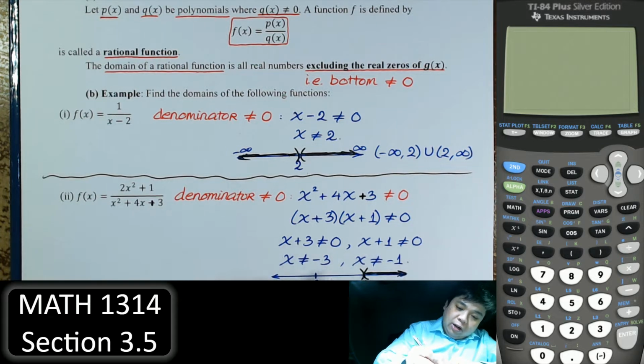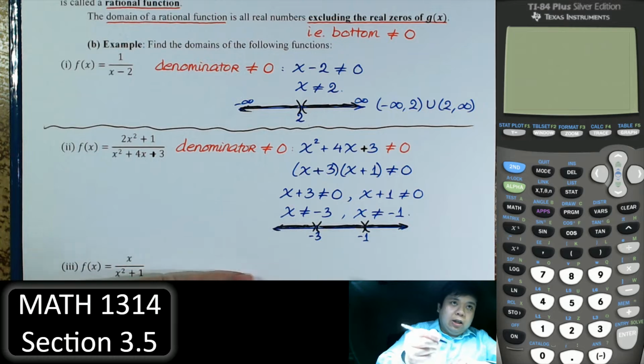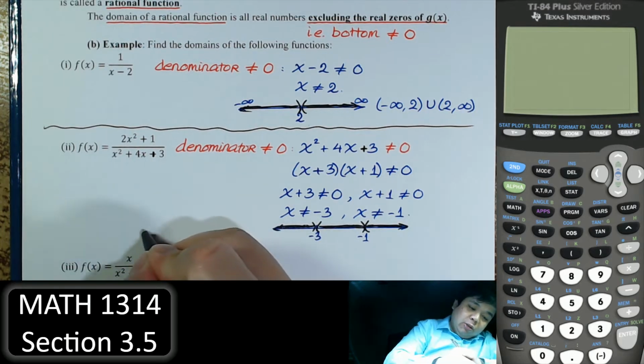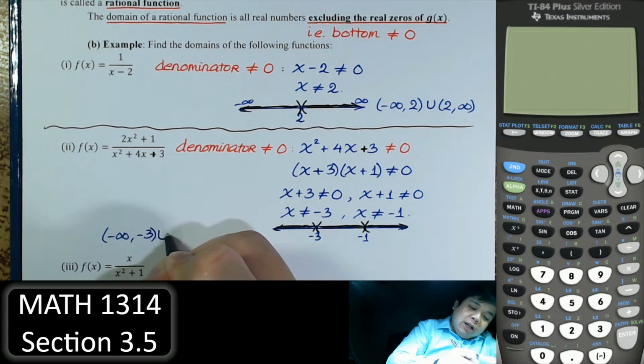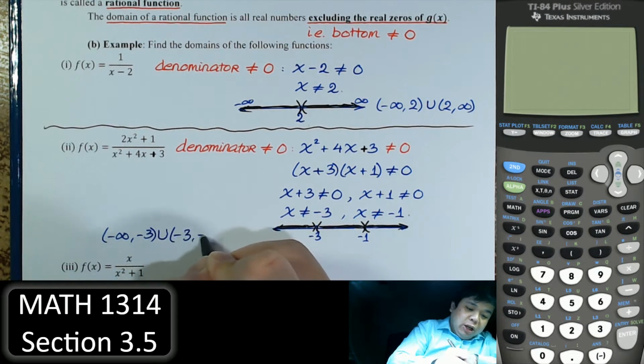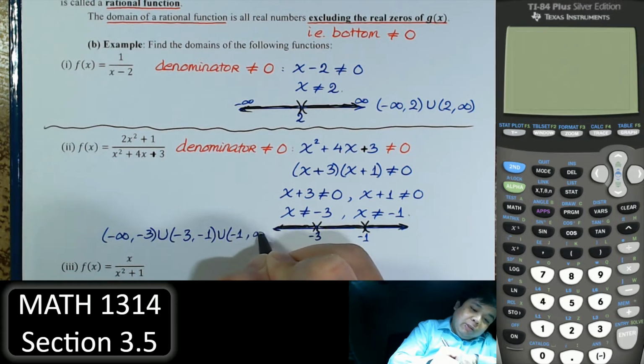So it cannot be negative 1, cannot be negative 3. Or in interval notation, we write negative infinity to negative 3 parentheses, union negative 3 to negative 1, union negative 1 to infinity.